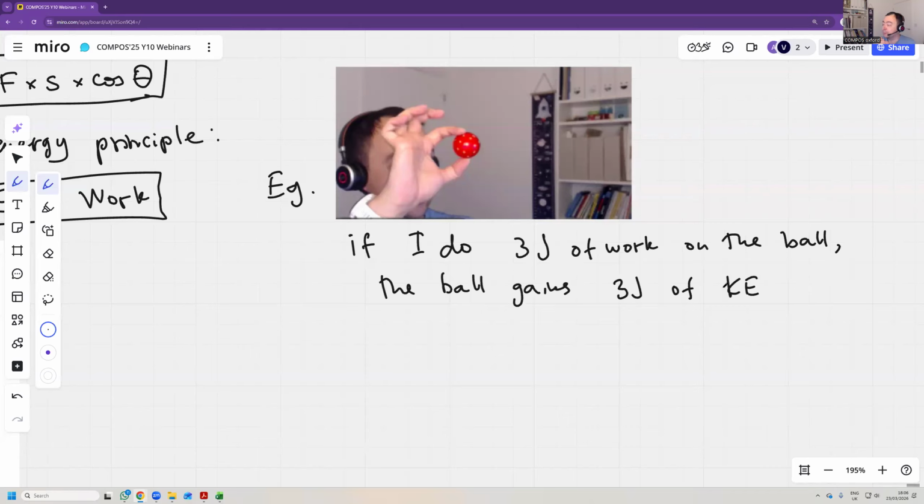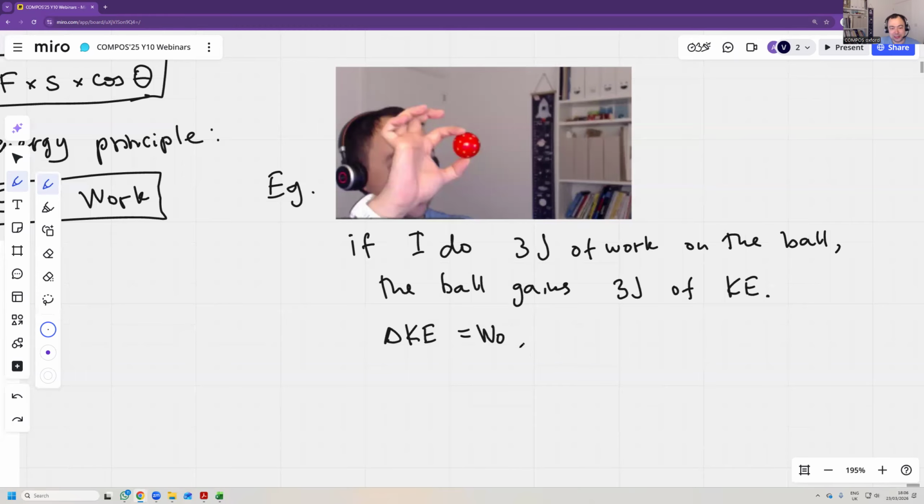Because gravity can also do work on the ball, which means the ball will gain more or less. It depends. But the idea is that if I do 3 joules of work, the ball gains 3 joules of kinetic energy. And that's your work energy principle. So the change in kinetic energy, once again, is equal to the work done.